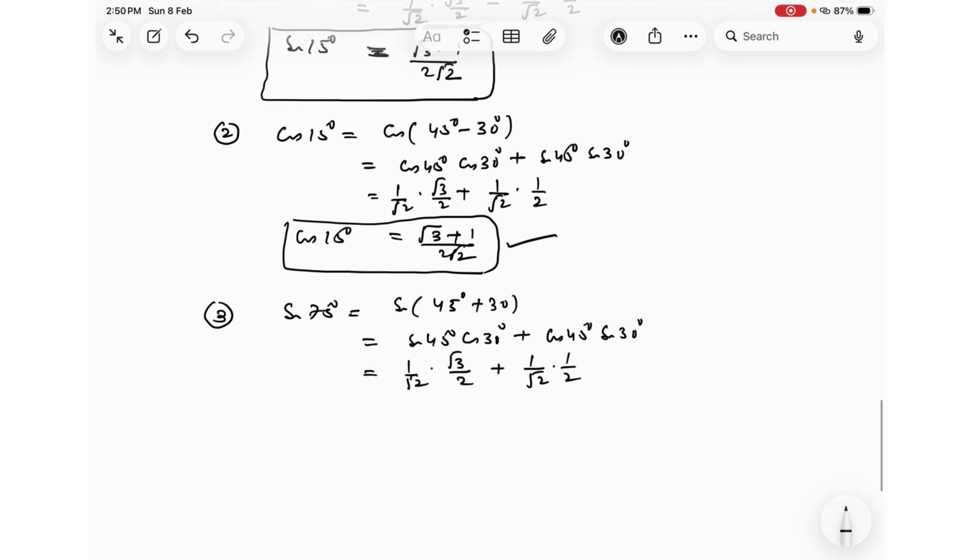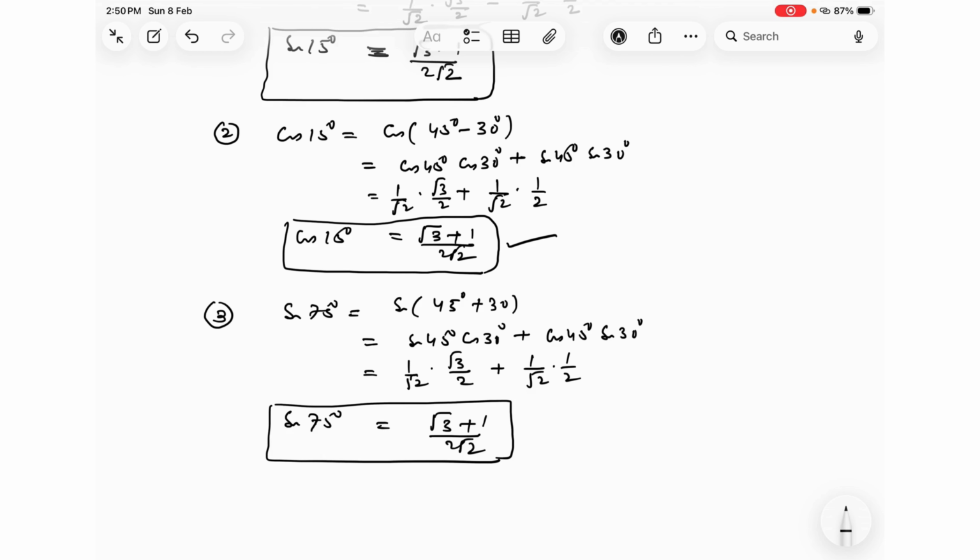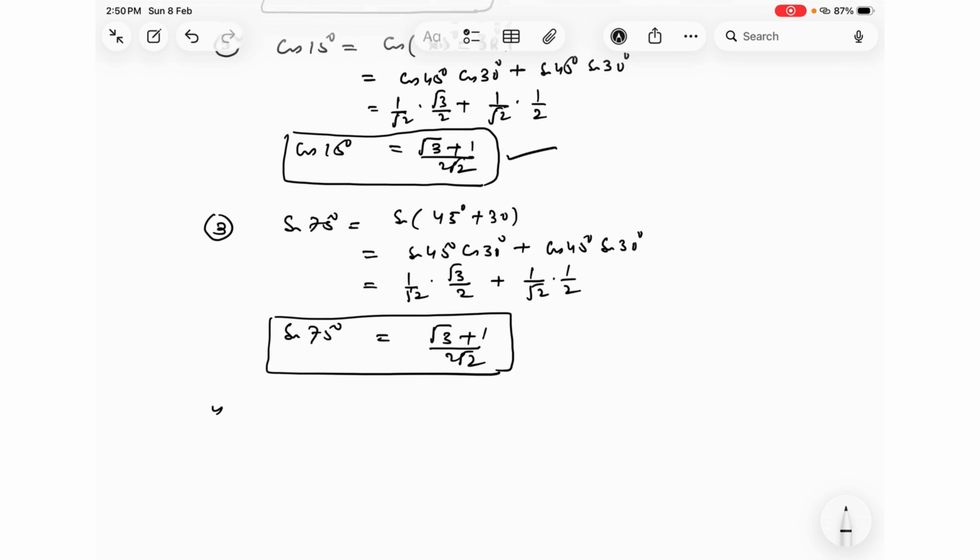So therefore LCM is 2 root 2. Therefore again we can write it as root 3 plus 1 by 2 root 2. This is sine 75. Similarly, we can prove cos 75 degrees will be how much? Cos 75 will be root 3 minus 1 by 2 root 2. This is cos 75.